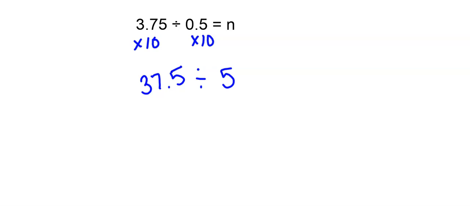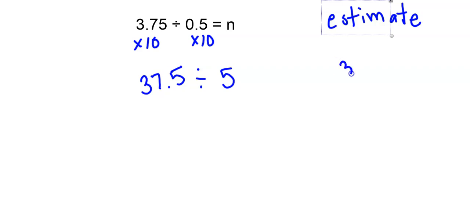So what is a reasonable answer? What do you think we could just estimate? So 37 is close to 38. And if I divide that by 5, what would that be close to?